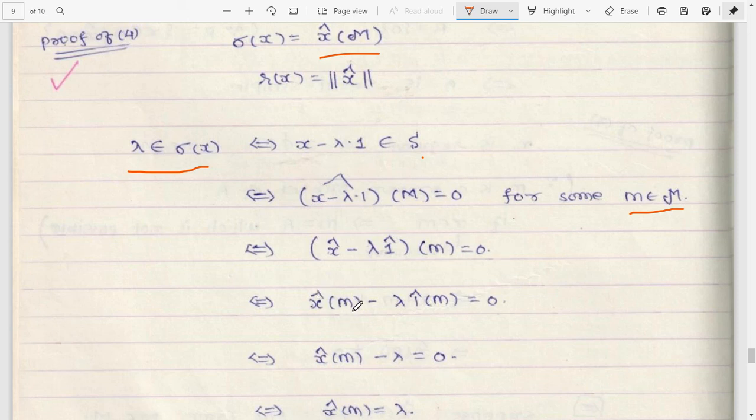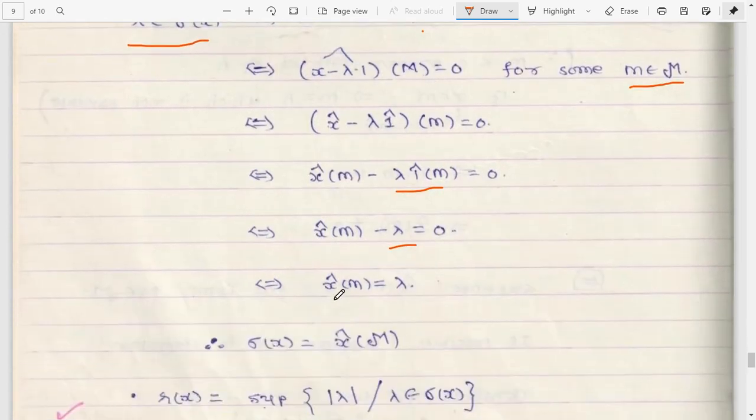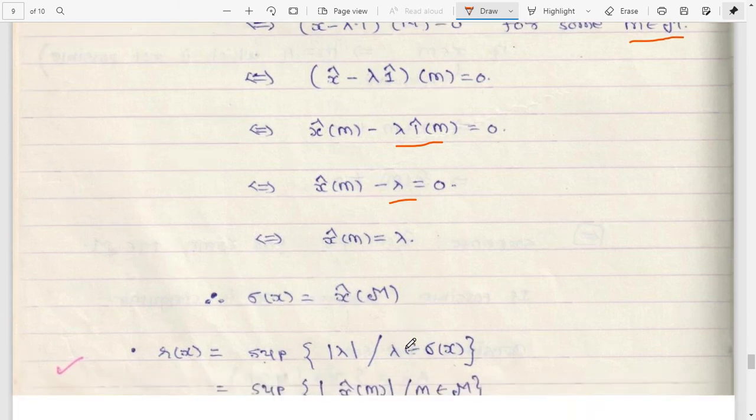So x cap of M minus lambda is equal to 0, so x cap of M is equal to lambda. So sigma of x is equal to x cap of script M.